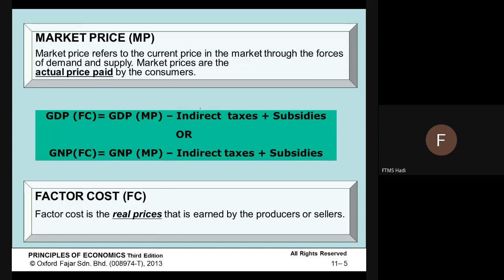Subsidy means financial support by the government, expenses done by the government to support and reduce prices. For example, oil price subsidy, subsidi minyak contohnya. Or GNP at factor cost is equal to GNP at market price minus indirect taxes plus subsidies. Those formulas I will explain to you later, just to know the concept first.